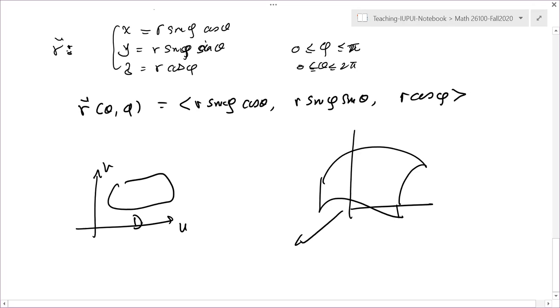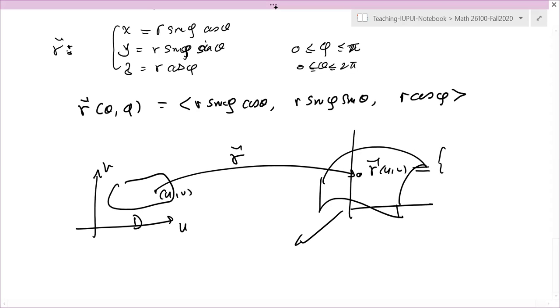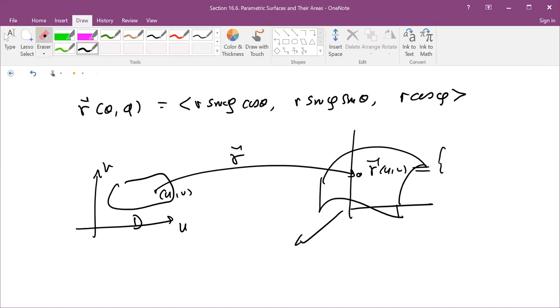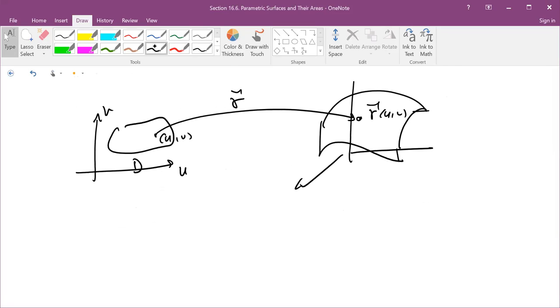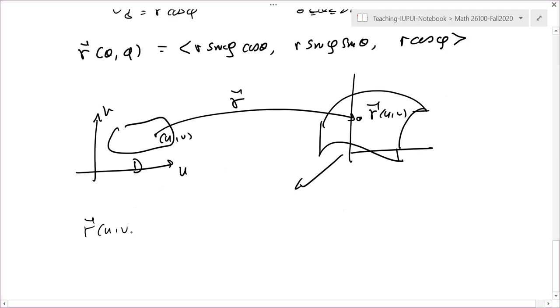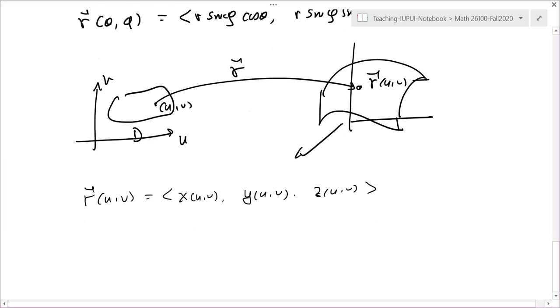Here's the domain D, and we have uv mapped here, and that point will be R of uv. Usually it has 3 components: x of uv, y of uv, z of uv. So those are the 3 components.